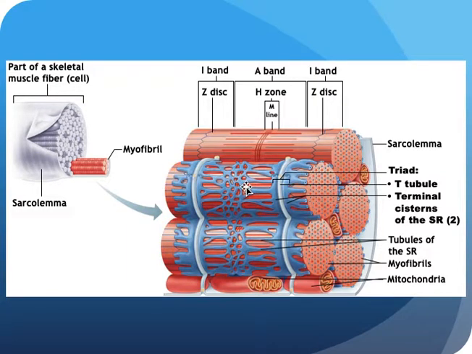So the electrical impulse goes down the sarcolemma, gets transmitted into the T-tubule, and then it can send that impulse to the sarcoplasmic reticulum, and then I can move into all of the next steps. It's really important to remember that the T-tubule is connected to the sarcolemma, and it's the part that allows me to transmit that impulse into all these little muscle fibers.